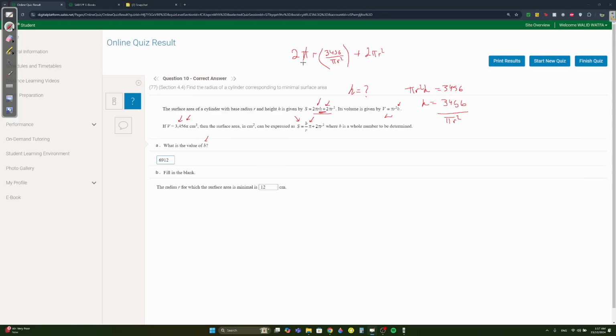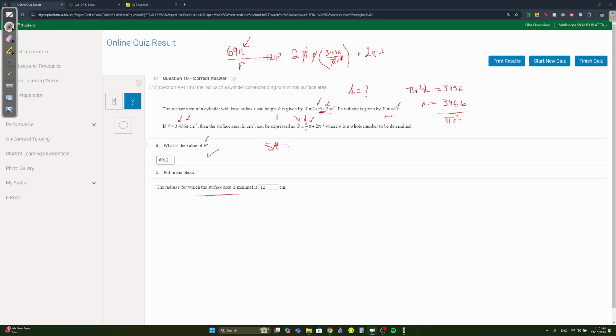And I can cancel pi with pi, r with r, 2 times 3456, 6912 over r plus 2 pi r squared. So what is B? 6912. Then they said, find the minimum surface area.